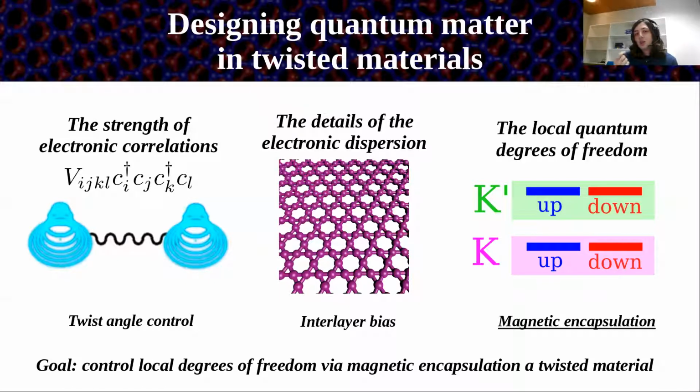The second is fine details of the electronic dispersion that we can control with an interlayer bias between the systems. So today, I would like to tell you that there's a third point that we can try to control in these van der Waals materials, which is the local quantum degrees of freedom. For doing this, we are going to exploit magnetic van der Waals materials, and in particular, magnetic encapsulation of van der Waals materials.